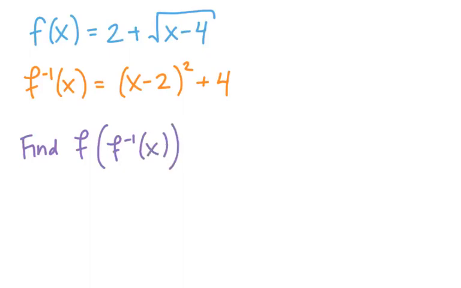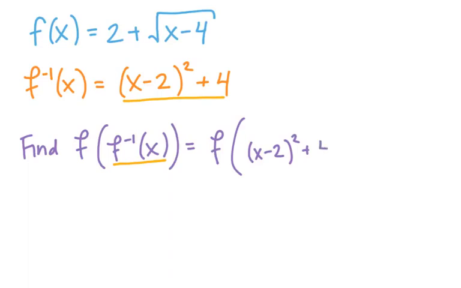So similar notationally to what we did a couple videos ago, we looked at f of g of x kind of notation. Same principle applying here. So in order to find f of f inverse of x, some of you have benefited from this intermediate step of replacing f inverse of x with its equivalent expression, which is going to be x minus 2 squared plus 4.